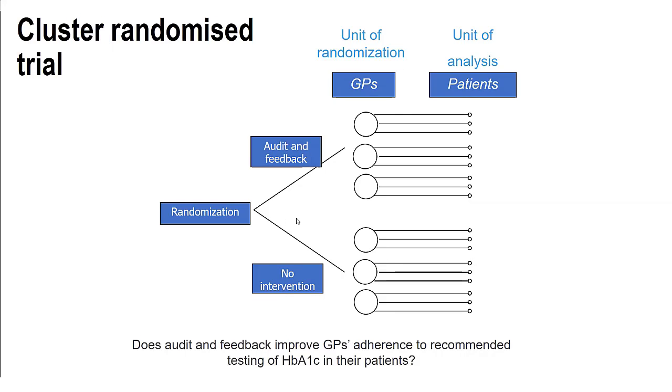In a cluster randomised trial, things are done a little bit differently. What we do here is we randomise clusters to an intervention or control, but we measure at the level of the patients.